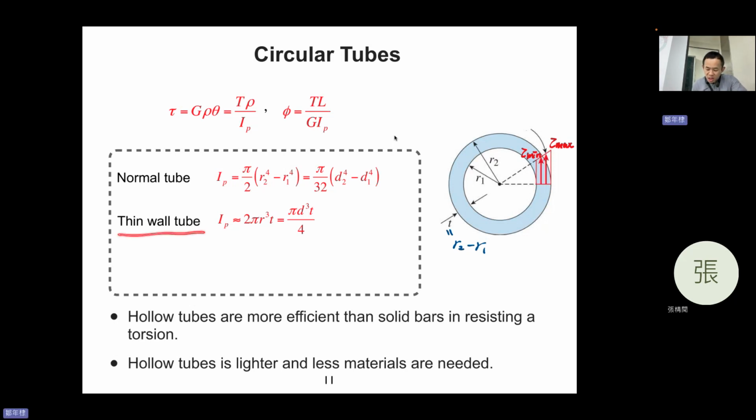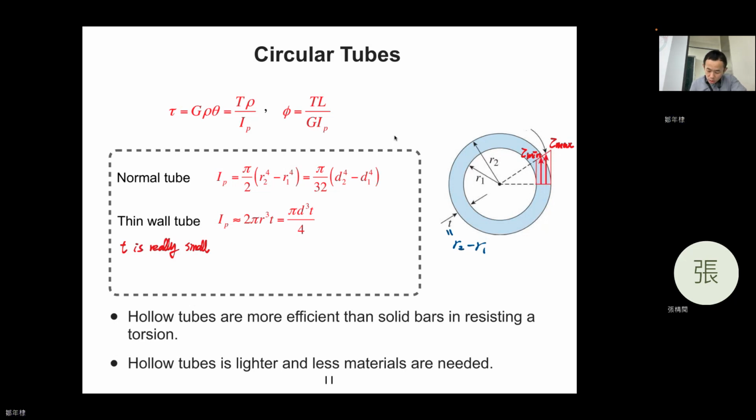Next, thin-wall tube, which means that t is really small. If t is really, really small, you're allowed to neglect some terms in your formula.